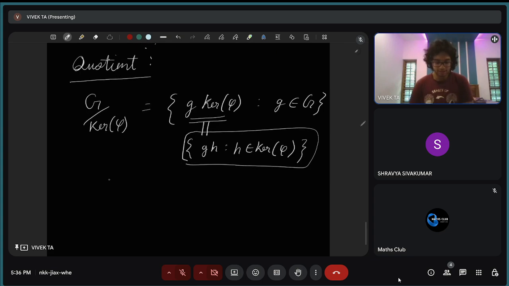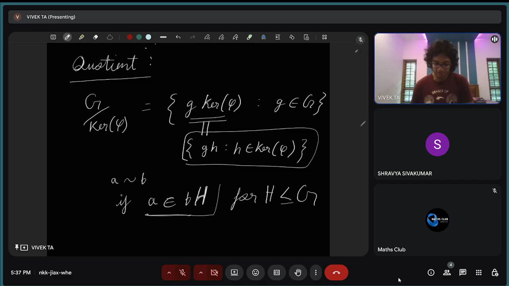So essentially, this relation, that a is related to b if a belongs to bH, for H a subgroup of G, defines the equivalence relation.